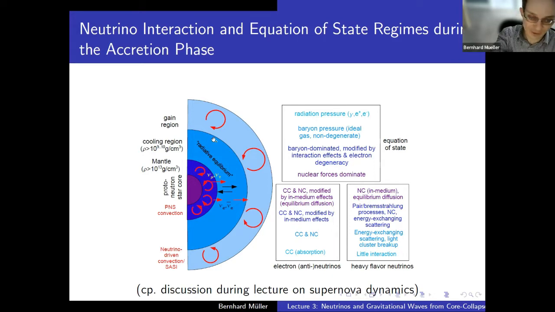So starting from outside, close to the shock, we have the gain region, outside the cooling region, outside the neutron star mantle, where there is, like in the gain region, convective overturn, and inside we have the proto-neutron star core. The gain region is where the interesting dynamics is with regard to the explosion physics.